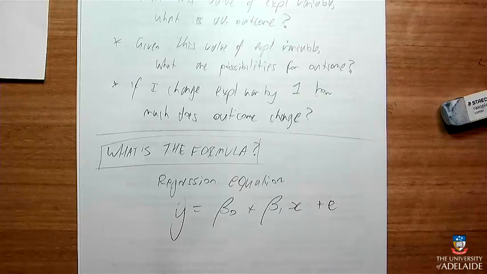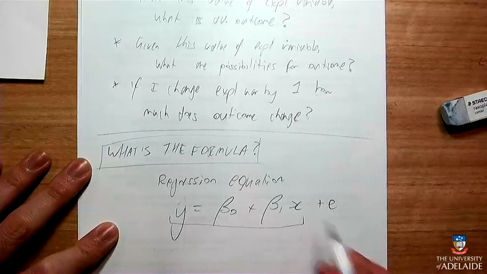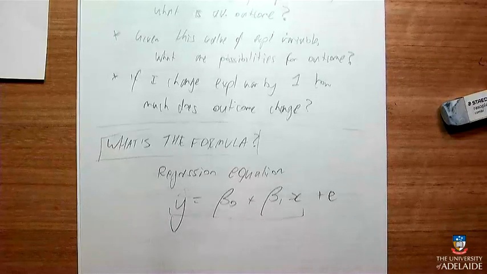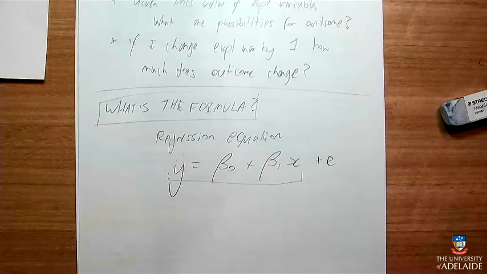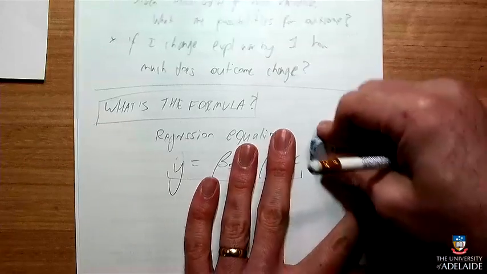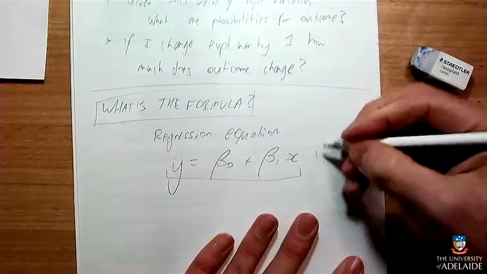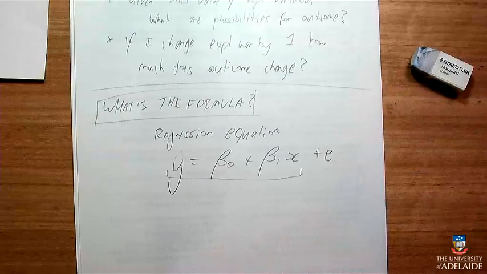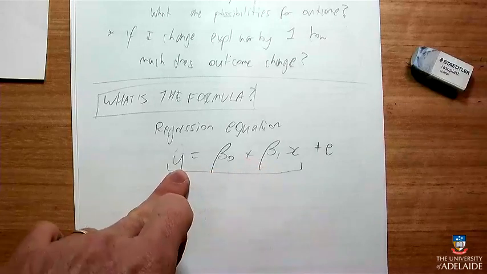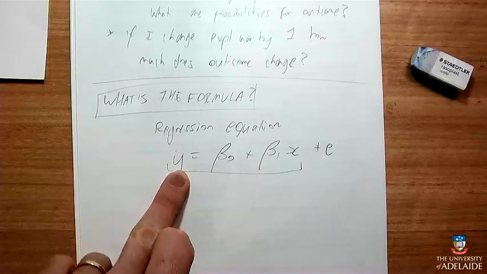So technically it's just this bit that's the regression equation. Okay, so what this allows me to do is say that given a value of x, as long as I know what these numbers are, I can calculate what I think the y should be on average.